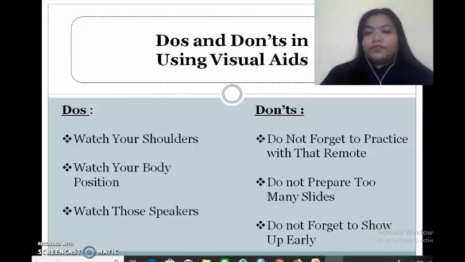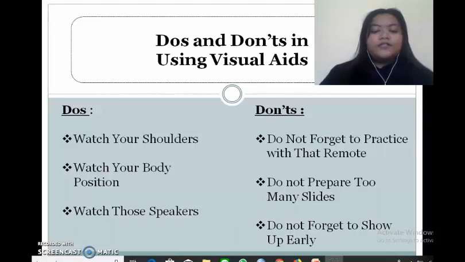So about those don'ts, the first one, do not forget to practice with that remote. Most professional speakers carry their own remotes. But be aware, when you are presenting in a large room with AV on site, you often will not be allowed to use your own remote or your own laptop.